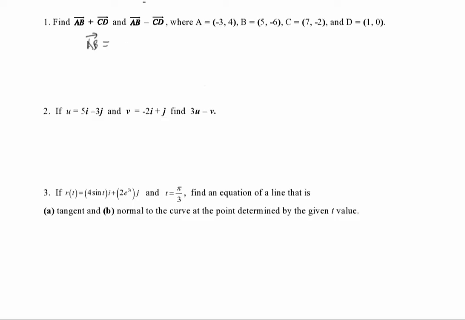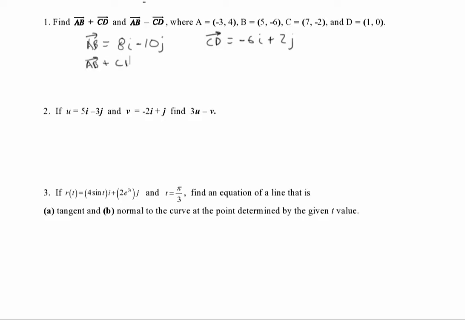So we'll say 5 minus -3 and get 8i, and then -6 minus 4, -10j. And similarly, we're going to do the same thing for CD, and we get 1 minus 7, -6i, and then plus 2j.